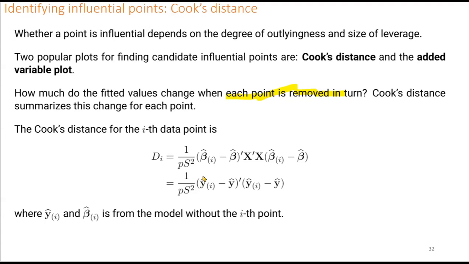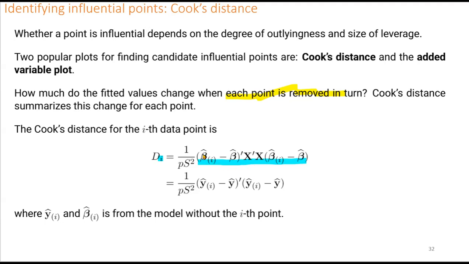So we put them into a single measure called Cook's distance, and the Cook's distance for the ith data point is given by this expression. The only thing to see about this expression is that it takes non-negative values. I'm going to highlight the right-hand side, which shows you that this is a quadratic form, and it's positive definite because the Gram matrix is.